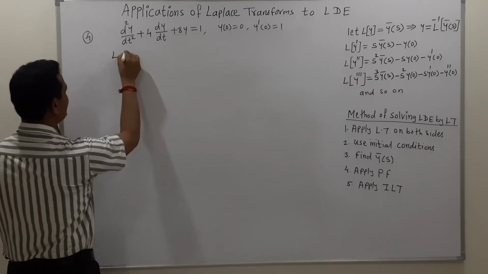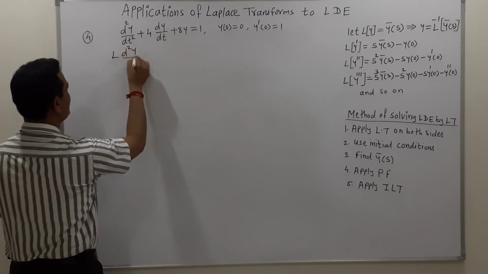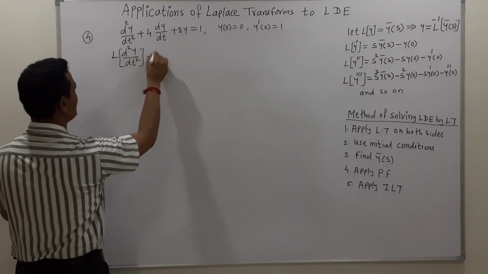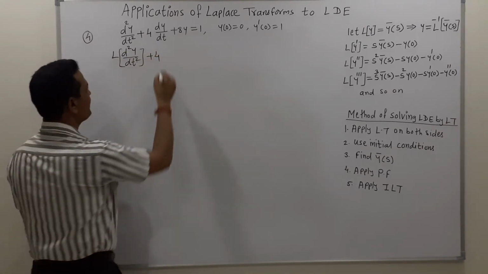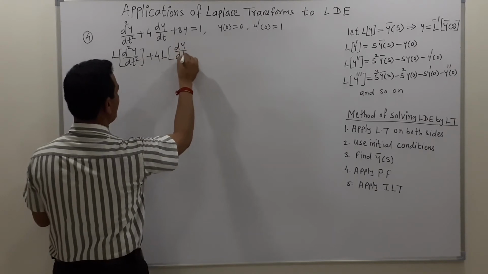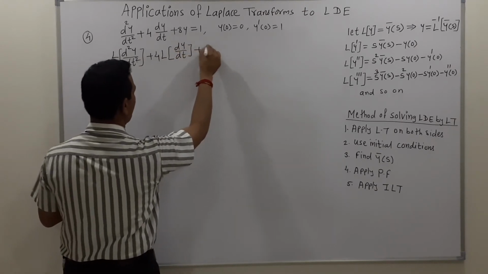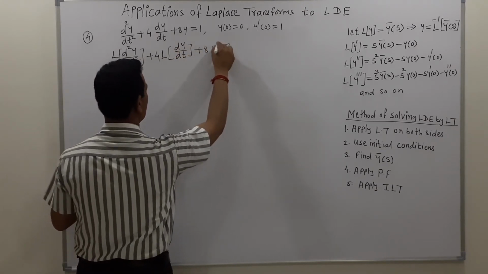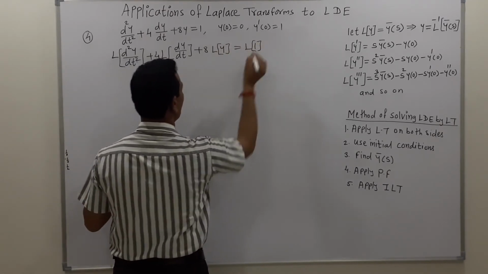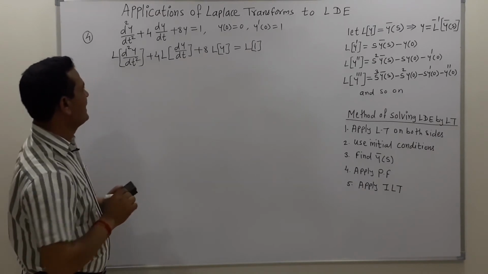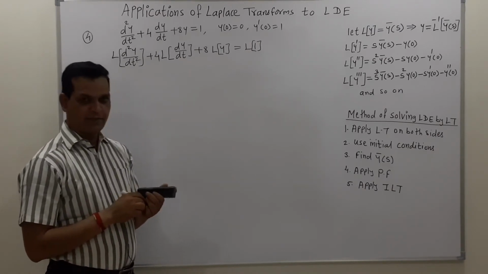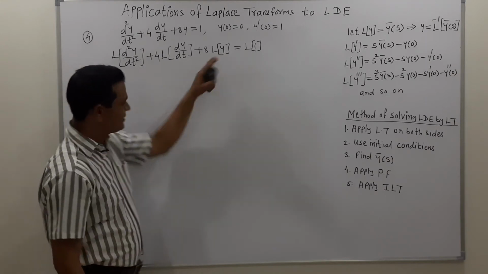So we get Laplace transformation of d square y upon dt square plus 4, which is a constant, then Laplace transformation of dy by dt, plus again 8, a constant, Laplace transformation of y, is equal to Laplace transformation of 1. So this is the first step.